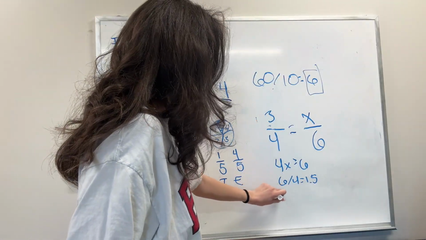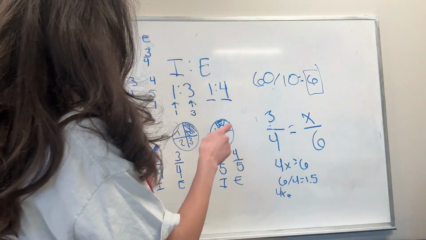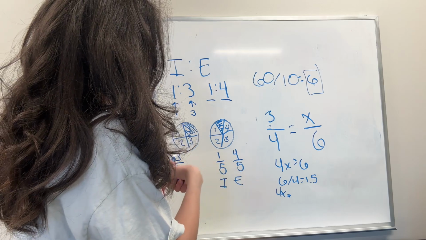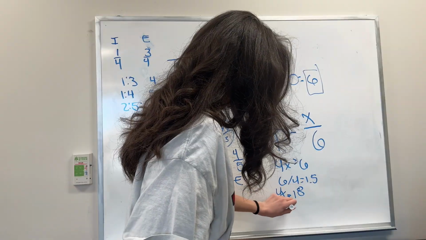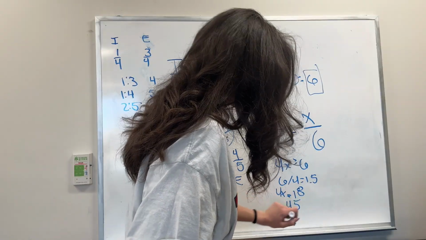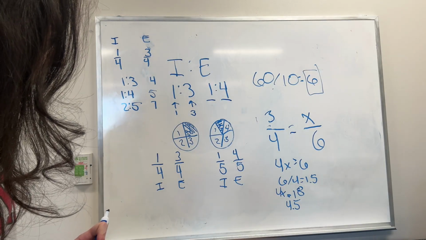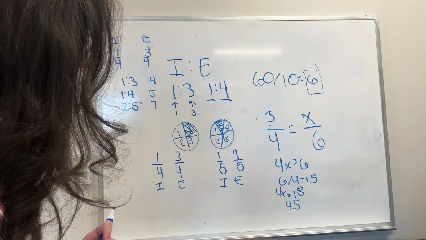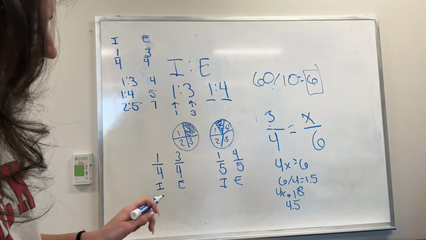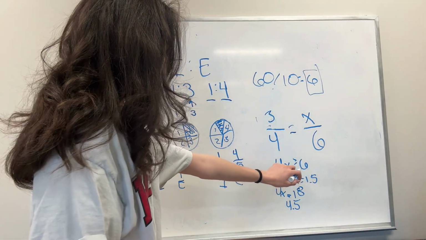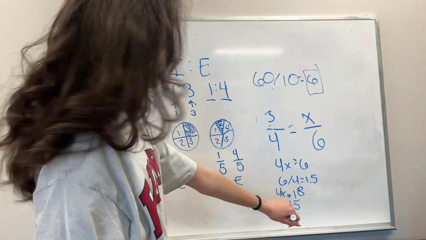So we've got 4x equals 18, so 4.5. We know that we have our total of 6 seconds, and we are spending 1.5 seconds of that inhaling and 4.5 seconds exhaling.